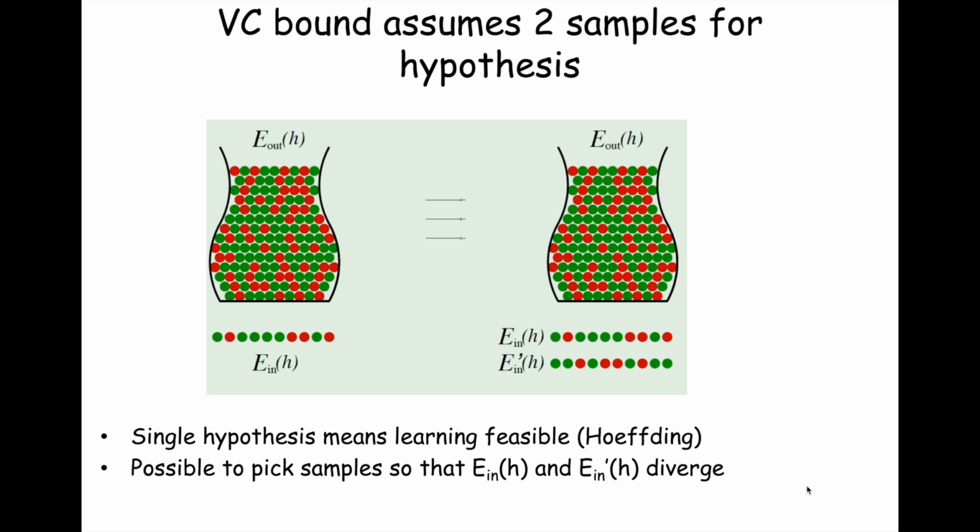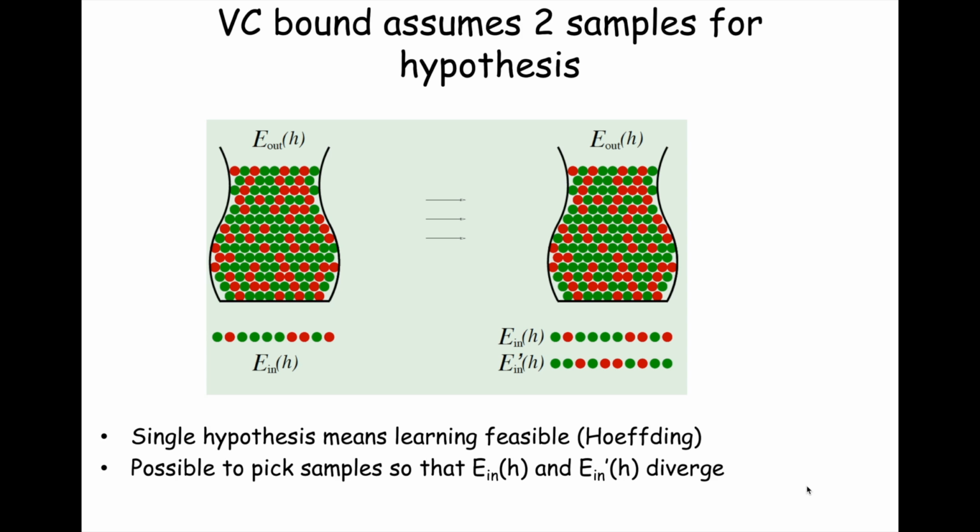But if you draw 2n samples, a first round of n for En of H, a second round of n sample points for En prime of H, if you do this enough times, you're going to get some draw of 2n points such that En of H is going to be different from En prime of H, right?